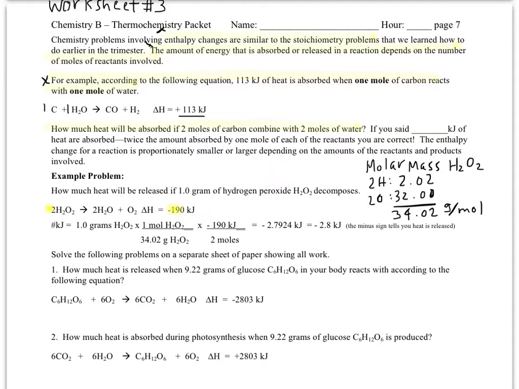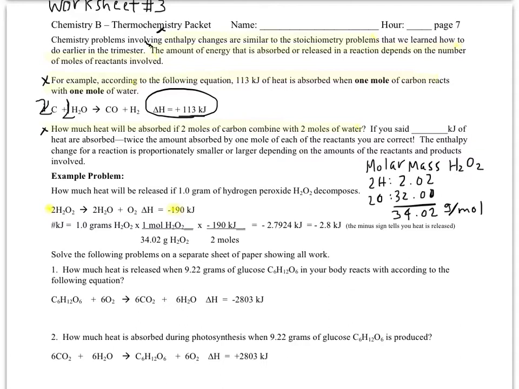Okay, so if you think about this, you can probably figure out the answer to this question here. See if you can. How much heat would be absorbed if 2 moles of carbon were combining with 2 moles of water? In other words, if I made this a 2 here and this a 2 here, how would that affect this number?